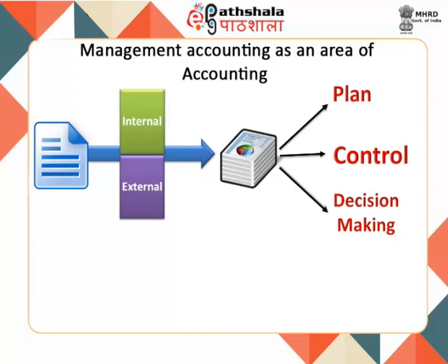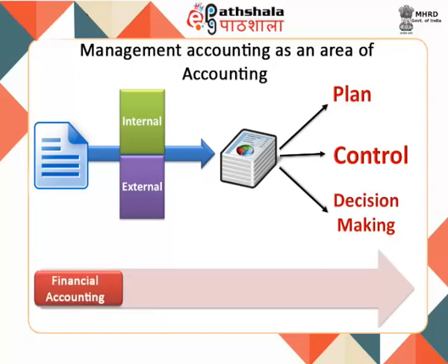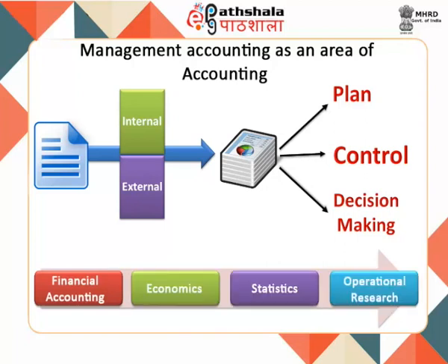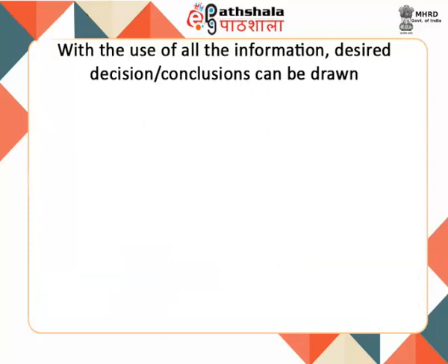To achieve this goal, management accounting uses information collected from various sources such as financial accounting, economics, statistics, operational research, etc. With the use of all the information, desired decisions or conclusions can be drawn.